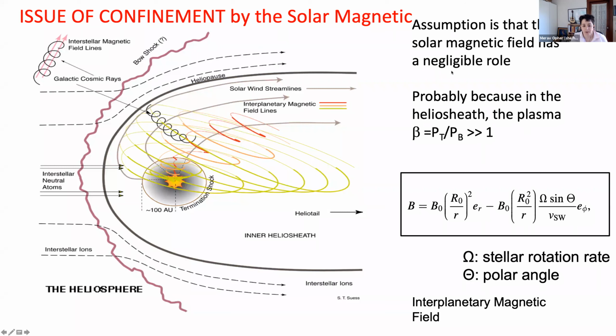But the issue of the magnetic field at large distances from the sun: as we said in the last class, the magnetic field is mostly azimuthal, because at large distances the radial component falls to zero, while the azimuthal is spiraling up. The magnetic field of the sun was ignored for all these decades because the plasma beta, the ratio between the thermal pressure and the magnetic pressure, is much larger than 1. So if you have a high plasma beta, just ignore the magnetic field.